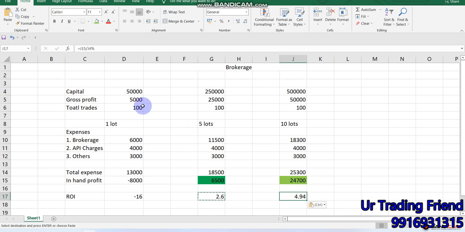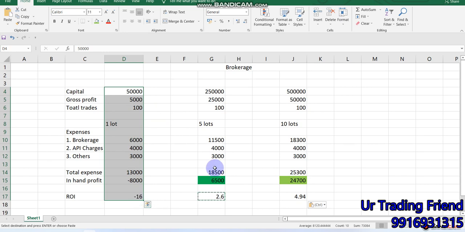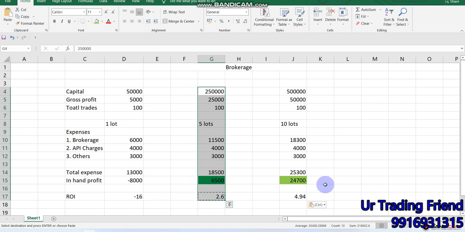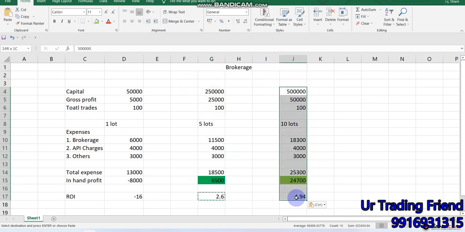So this is what I'm trying to explain to you guys. If you are doing the same strategy with one lot, you are ending in loss. With 5 lots, you are somewhere near break even, and with 10 lots you are in good green. There is a risk involved with one lot traders, or with new traders who are getting into the market and facing too many losses.